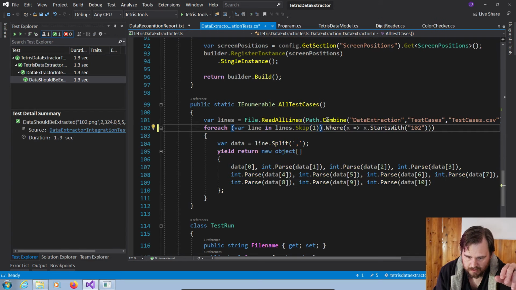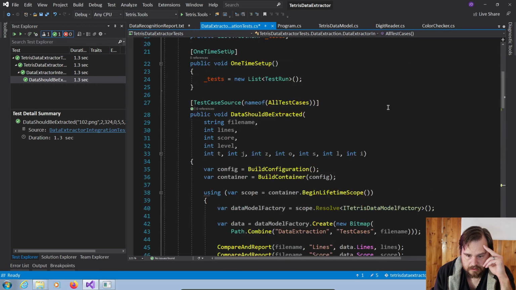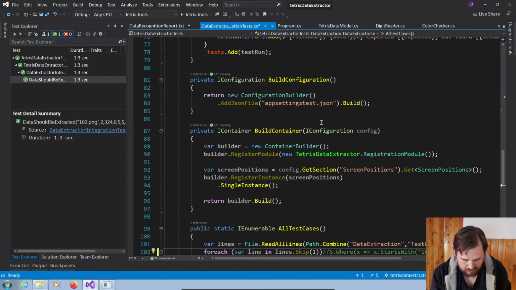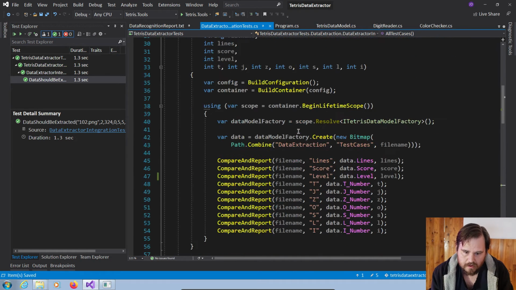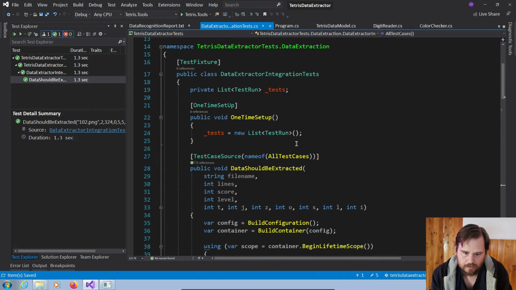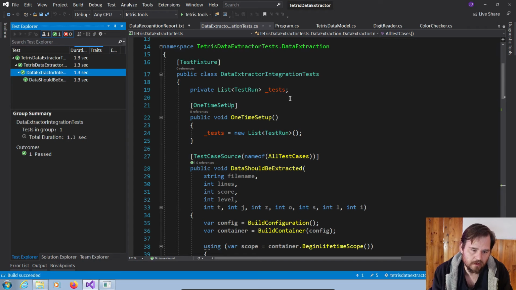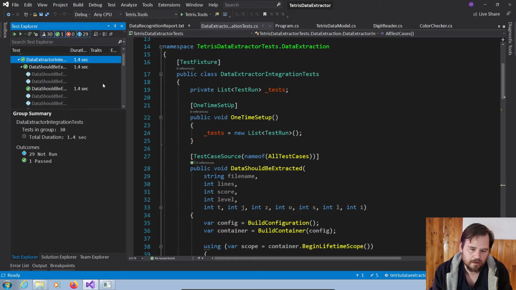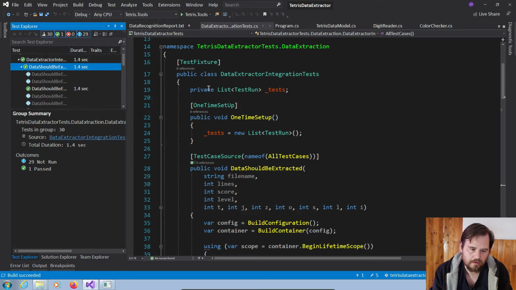Let's do this so we can easily get that back. Okay, let's run everything again. Here we go. So we'll run it all, and run.